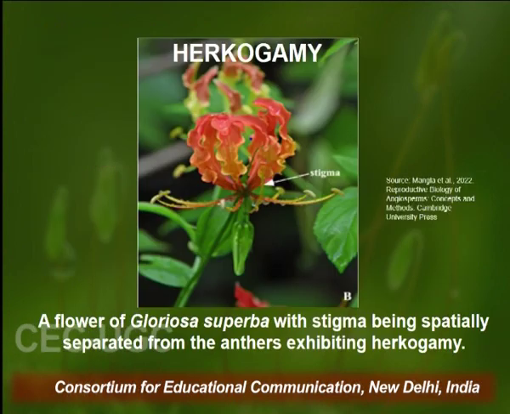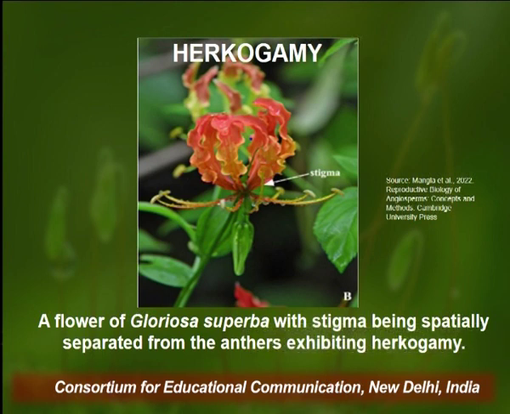Here you can see this is a Gloriosa flower. The stigma is towards the center, whereas the anthers are placed laterally and they are moving outwardly from the flower. So, you see that the anthers here, whenever they dehisce, do so outwardly.